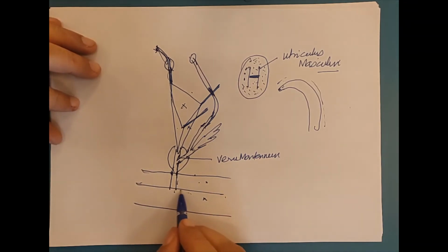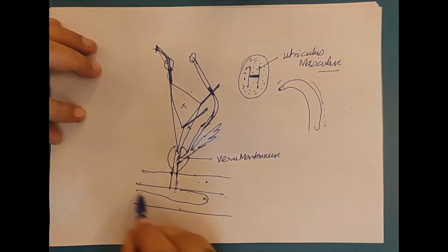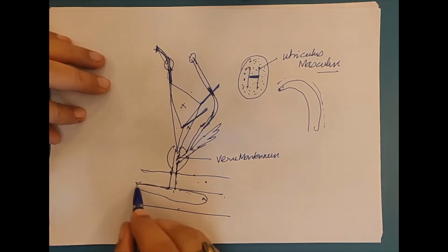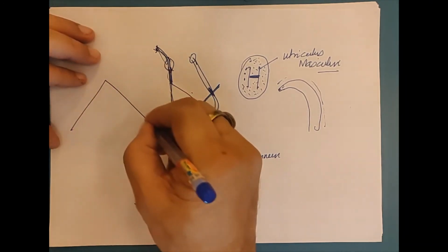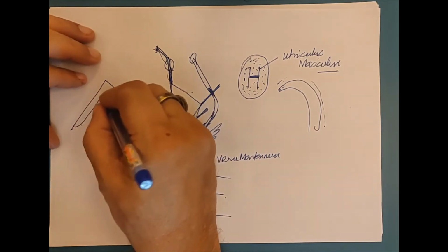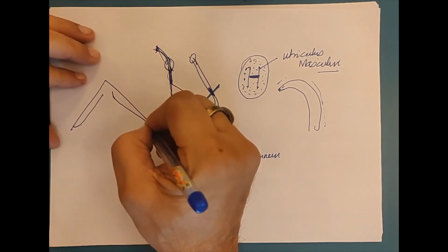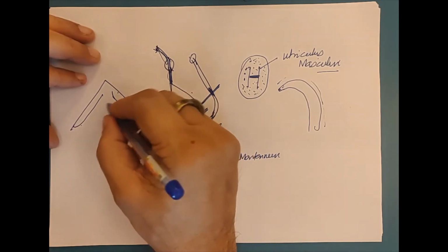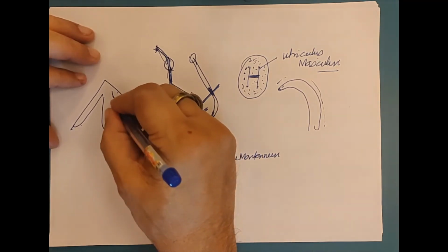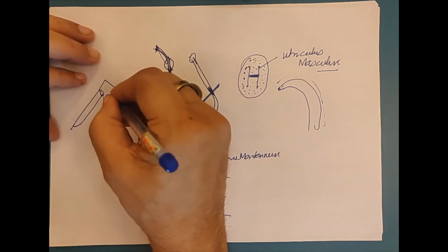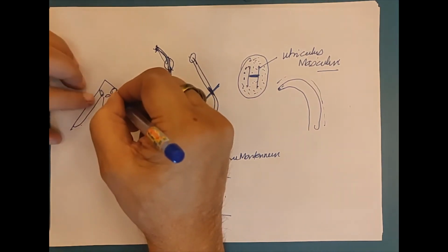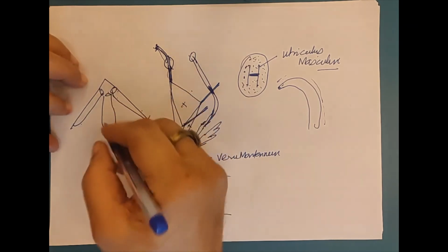From here the urethra would end into what is called the bulbospongiosus. If this is the ischiopubic ramus, on both sides there is bulbocavernosus, and in the center there is bulbospongiosus, and the three form the root of the penis. So this is the perineal urethra.